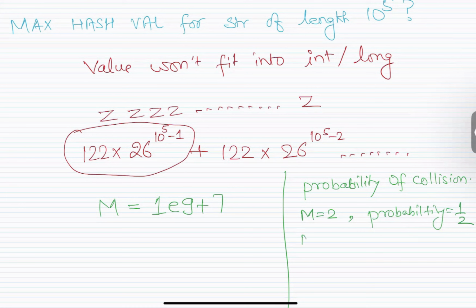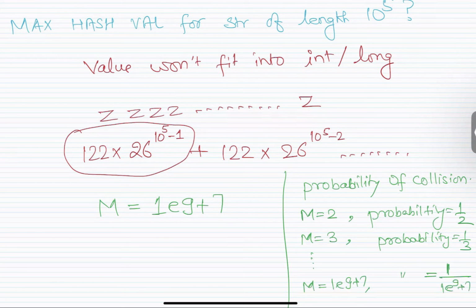Same way, if I use m value as 3, the probability of collision is 1 by 3. Same way, if our m is 1e9 plus 7, then the probability of collision is 1 by 1e9 plus 7. So can I say taking a larger value reduces the probability of collision?